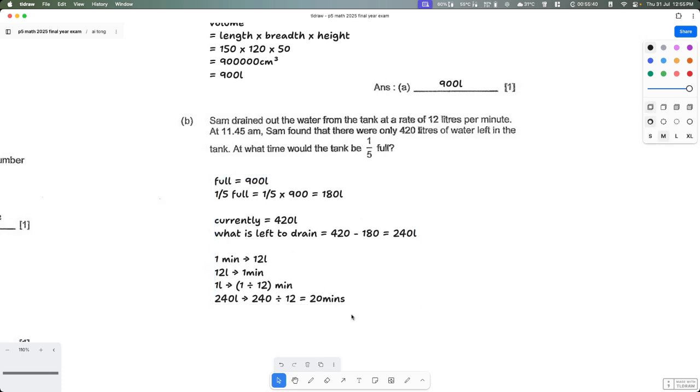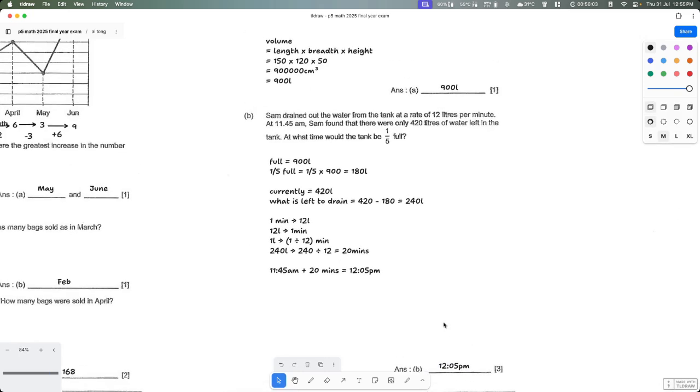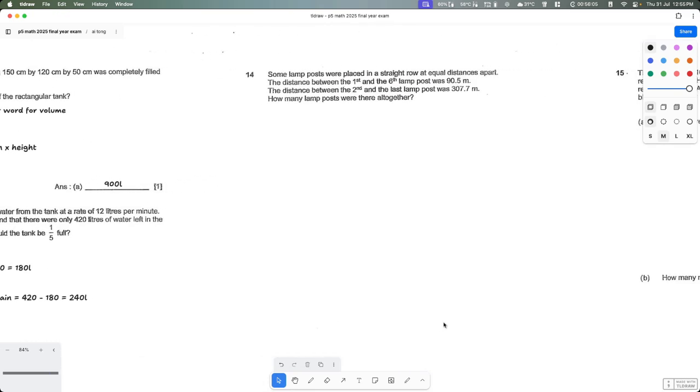So 11:45 a.m. plus 20 minutes should give you 12:05 p.m. And so the time that the tank will be one fifth full is 12:05 p.m. There you go. All right, let's move on to the next question.